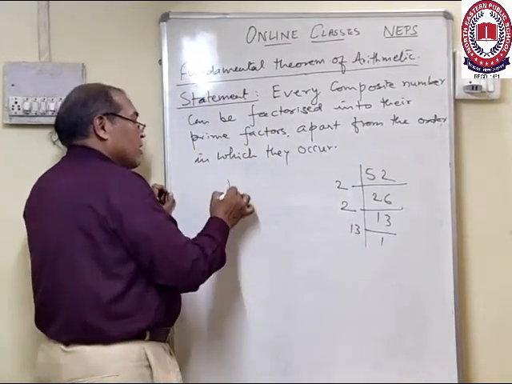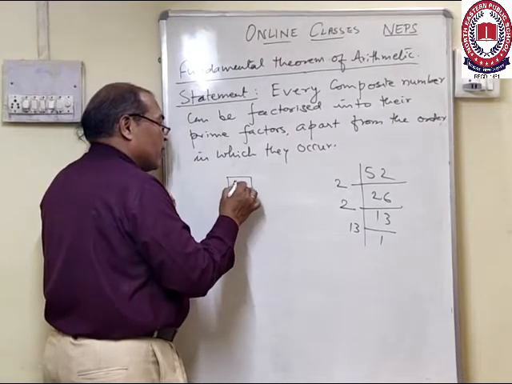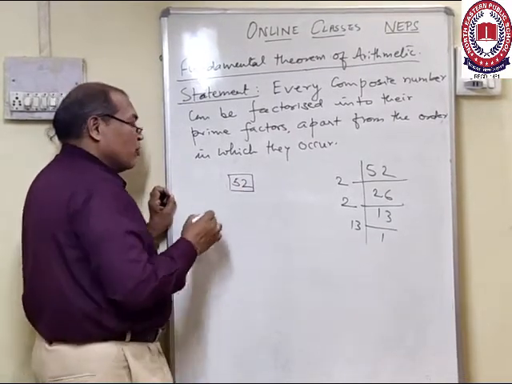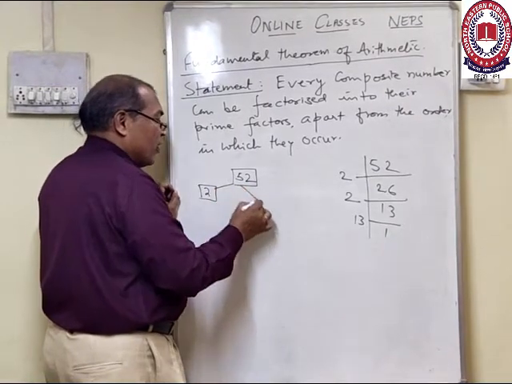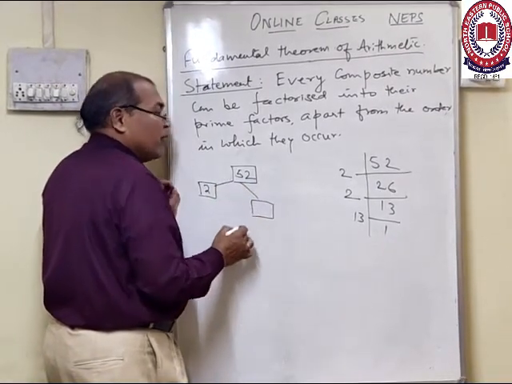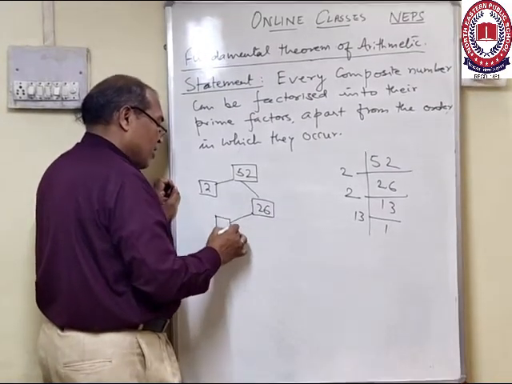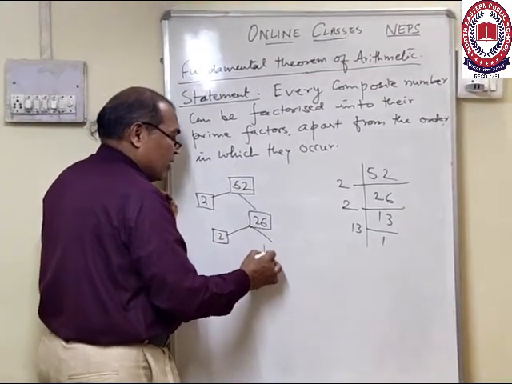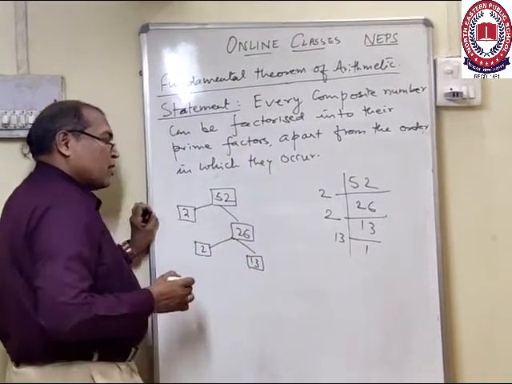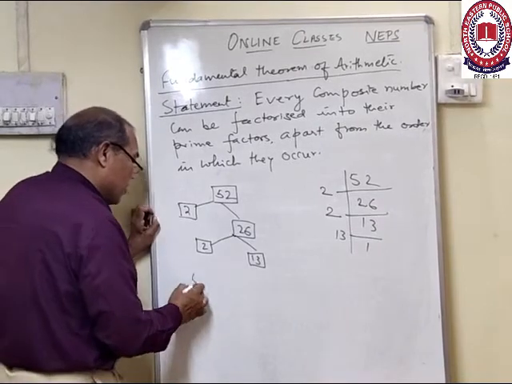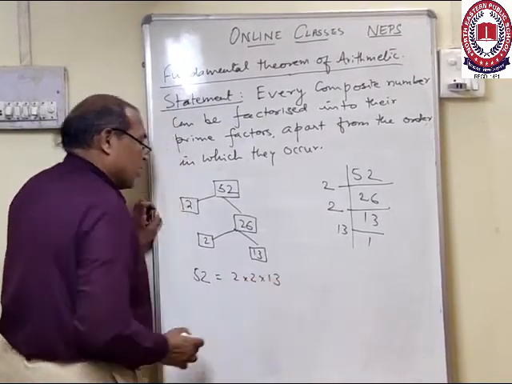But here we change the pattern a little to write this: for 52, the divisor 2 is written here, and the quotient we bring here, that is 26. Again 26 is an even number, it can be divided by 2, then the quotient comes to 13, and 13 is the last prime factor. It means 52 can be written as 2 into 2 into 13.